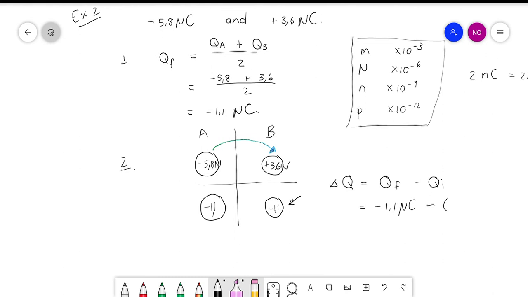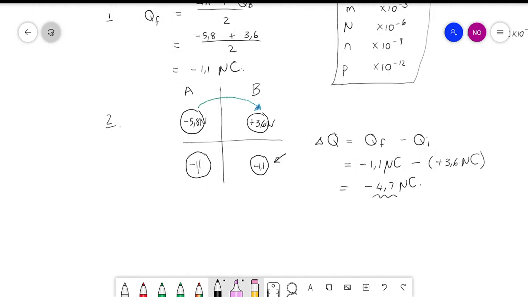It started with a charge of positive 3,6. So as ek hom gaan uitwerk, dan kry ek minus 4,7 microcoulomb. Okay, in other words, the amount that the charge changed will be 4,7 microcoulomb.